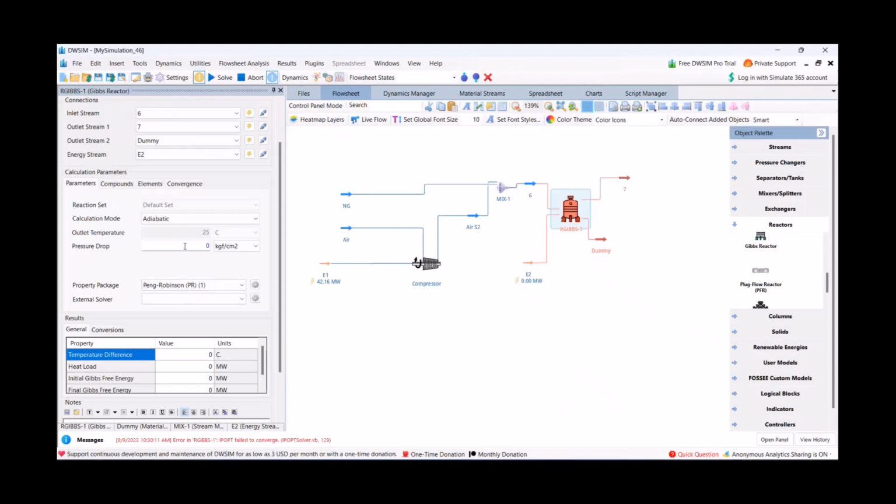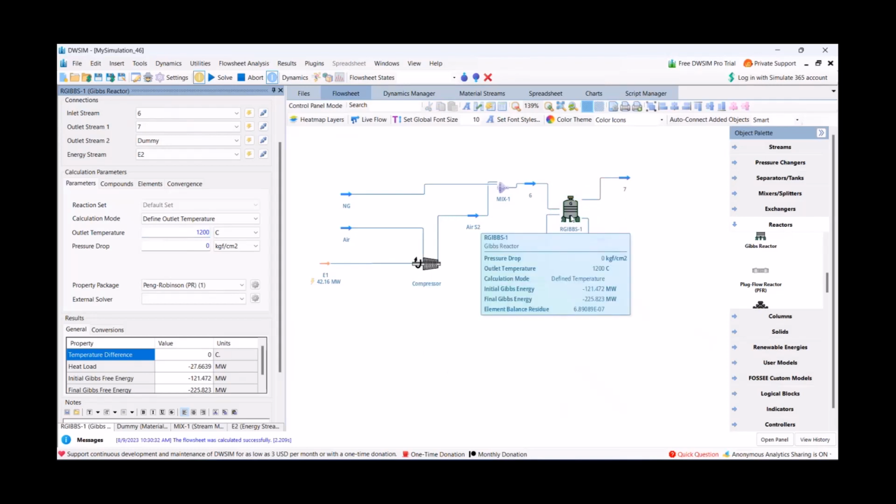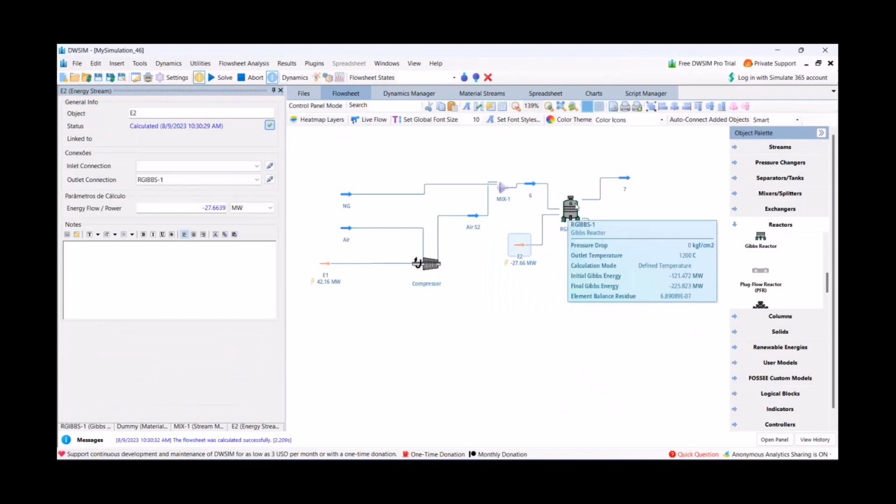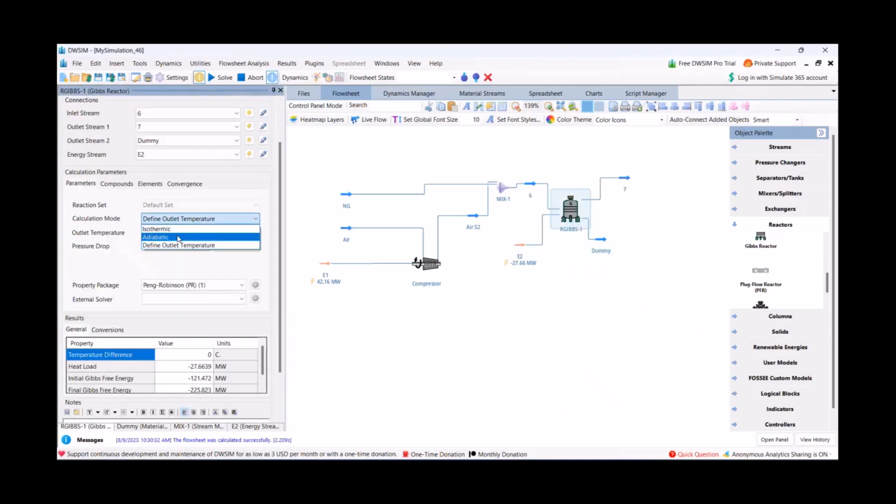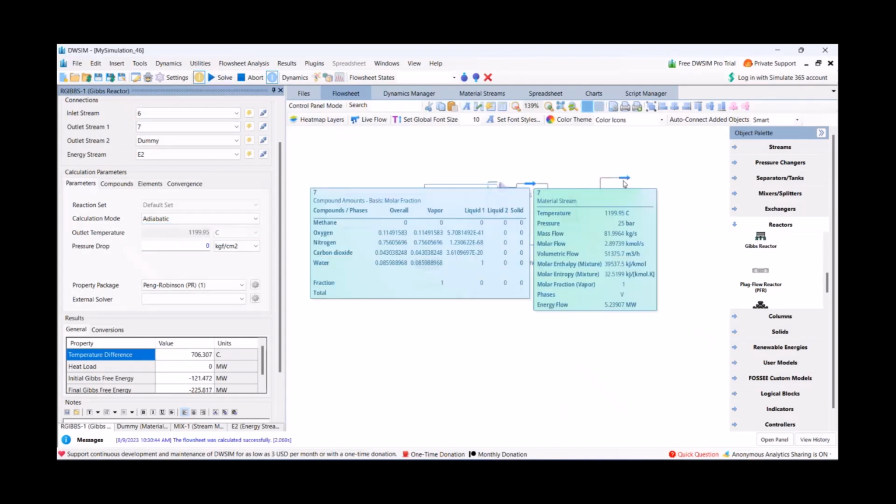It is not solving. So, okay, let's choose outlet temperature. And let's use 1200 degrees centigrade. Okay, now it's solved, but it should be adiabatic. So now I will choose adiabatic again. Okay, now it is solved.